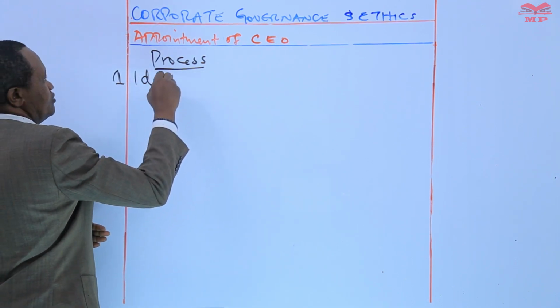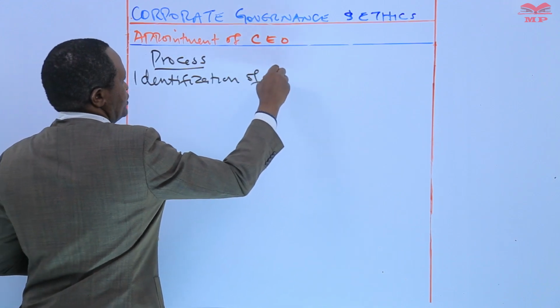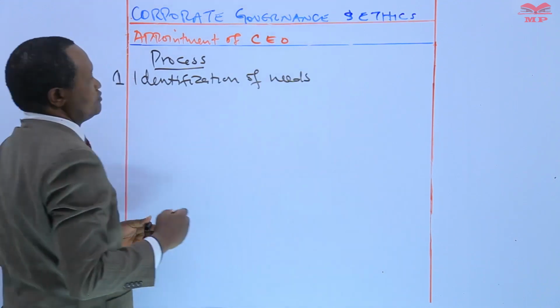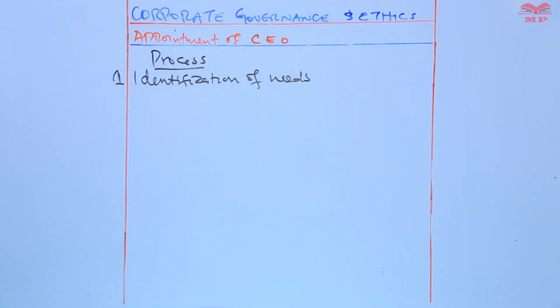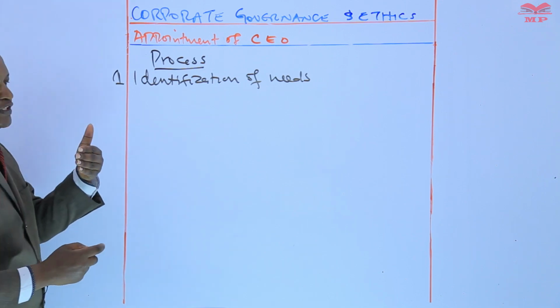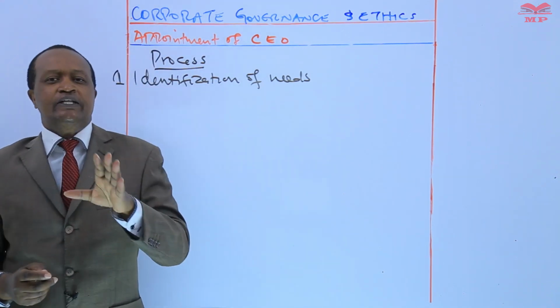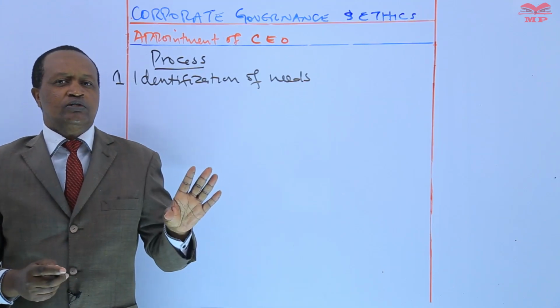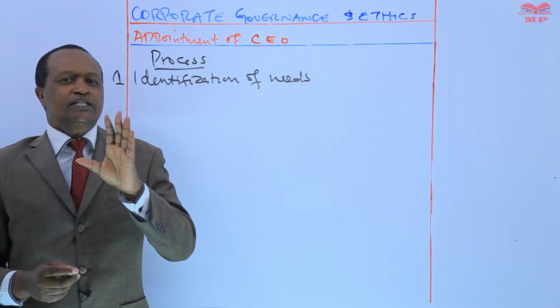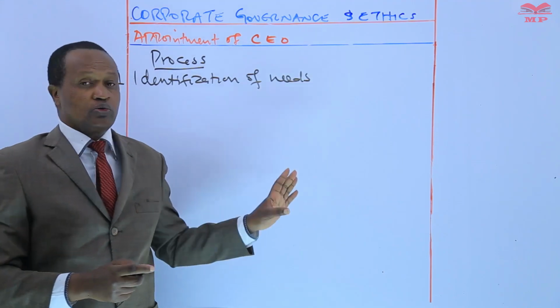Identification of needs. Now, the board begins by identifying the specific skills, the specific experience, and leadership qualities that are required of the CEO in order to address the company's current challenges and future goals.